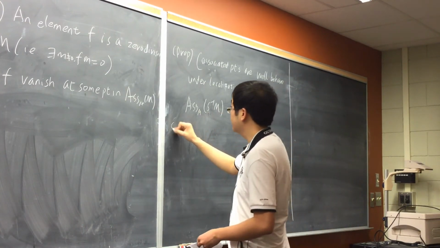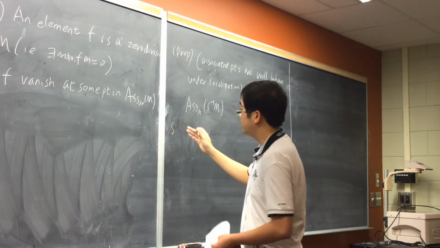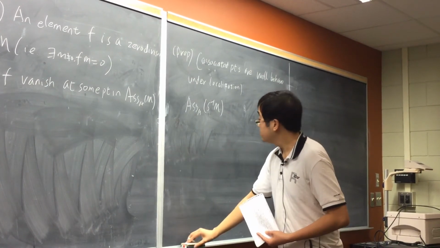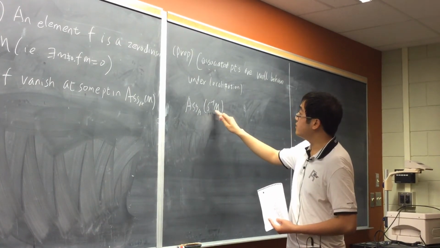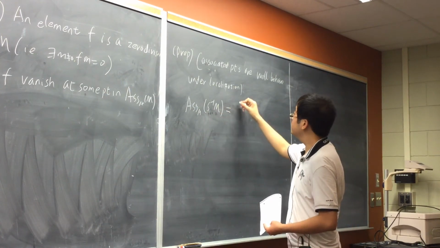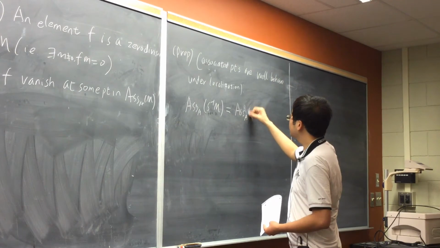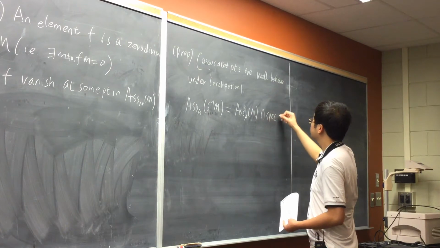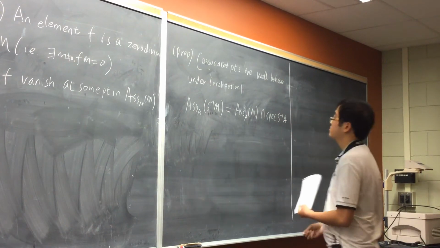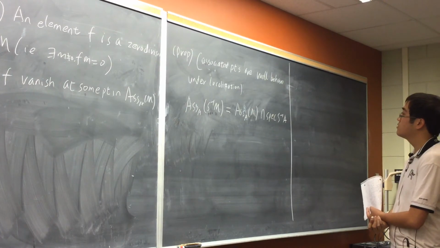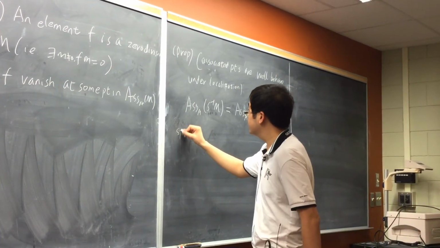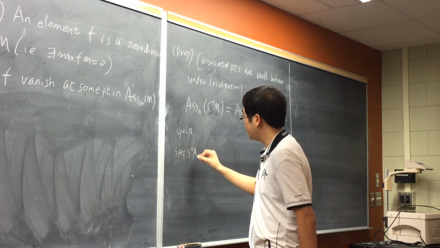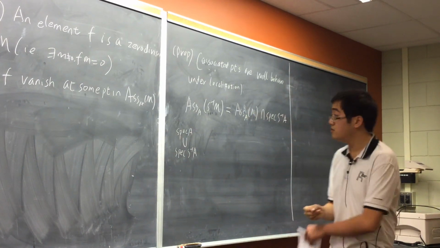So here X is a set in A that's closed under multiplication. The associated points of S inverse M are the same as the associated points of M that are also located at S inverse A. So basically you have A, you have Spec A, and the localization of A at X is a subset of this scheme.